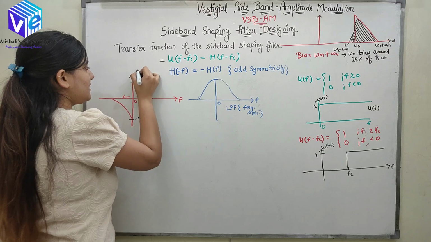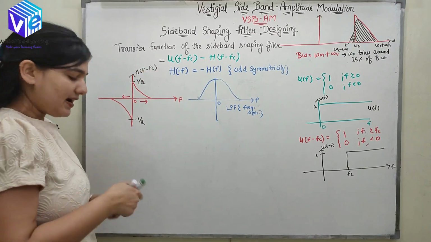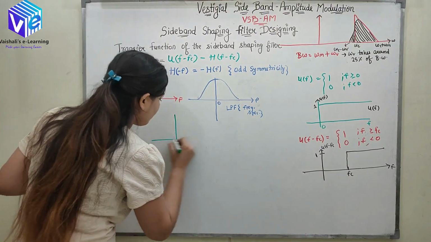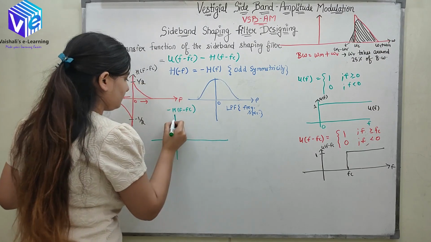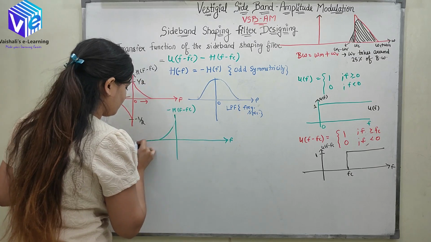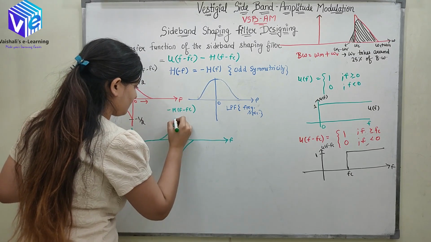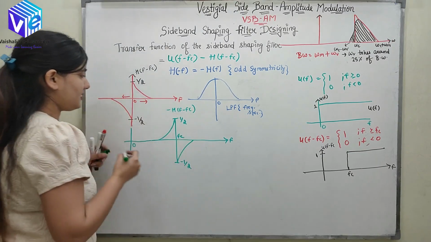So this was representing h of f minus fc. Now if I find out the minus of h of f minus fc, so this is fc.